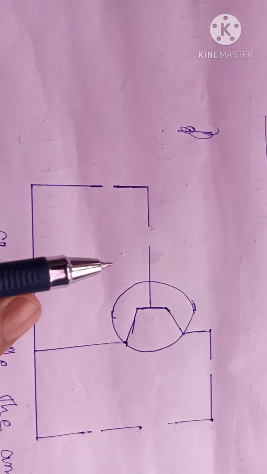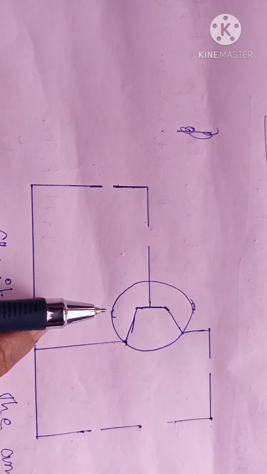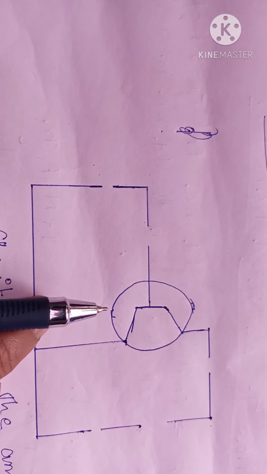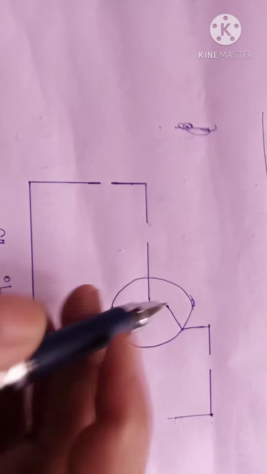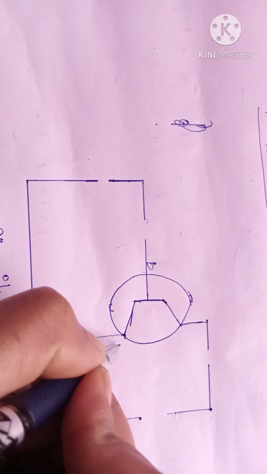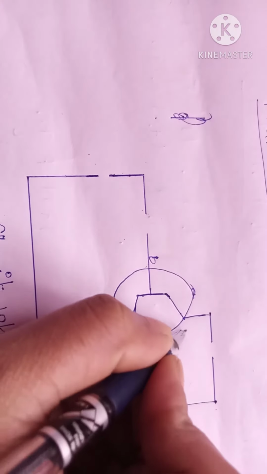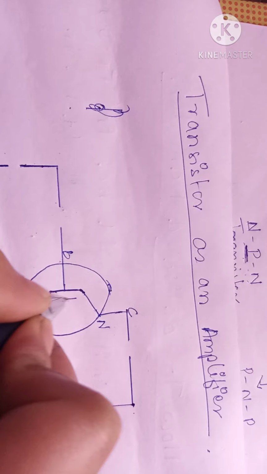To activate a transistor, the base-emitter junction, which is called the emitter junction, should be in forward bias mode. Base, collector, emitter, NPN.